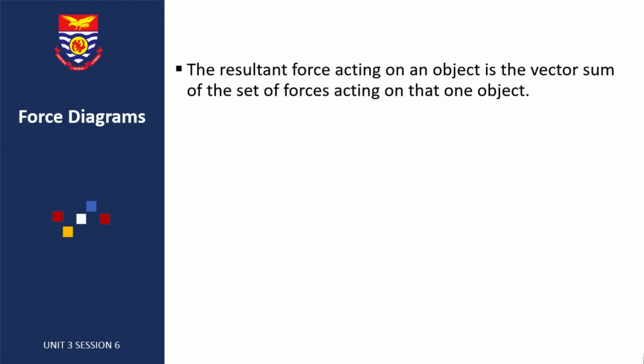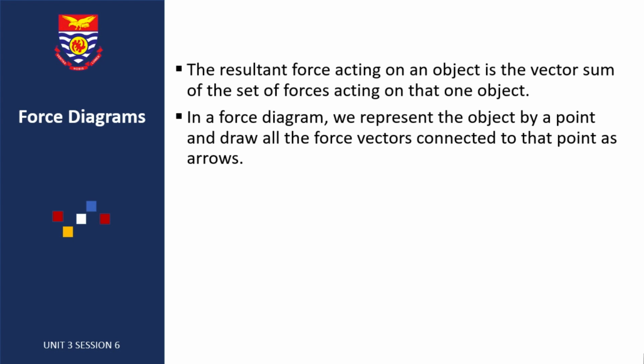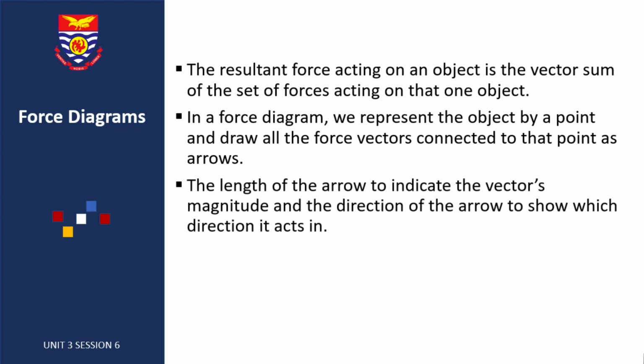The easiest way we can determine the resultant force is to construct what we call the force diagram. In a force diagram, we represent the object by a point and draw all the force vectors connected to that point as arrows. We use the length of the arrow to indicate the vector's magnitude and the direction of the arrow to show the direction along which the force is acting.